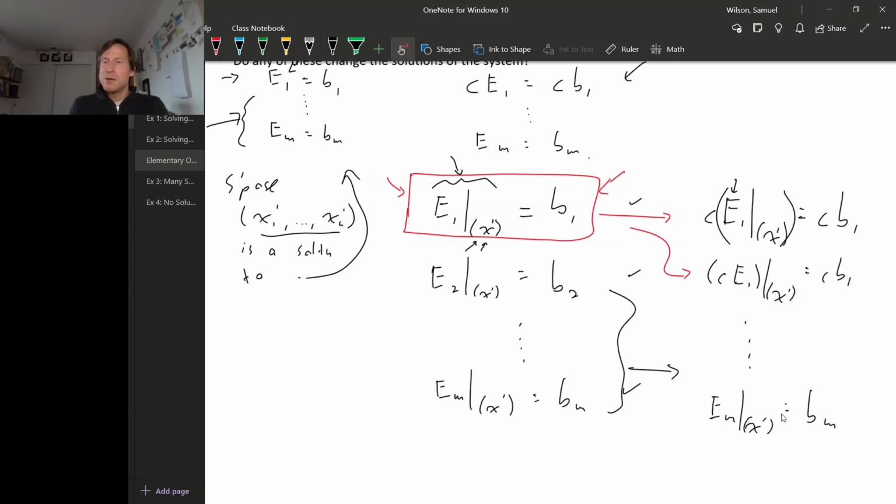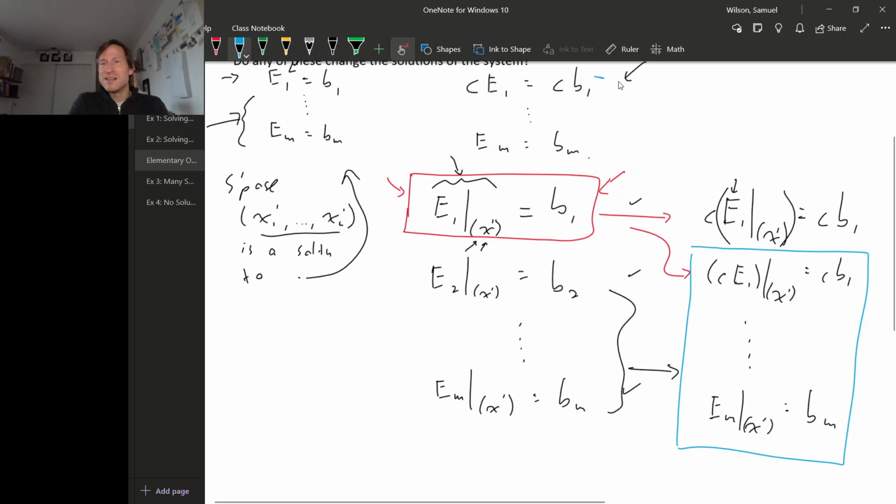But notice that this collection of expressions is just a collection of true arithmetic expressions. This is exactly what you get by taking all the x prime values and plugging them into this system of equations.